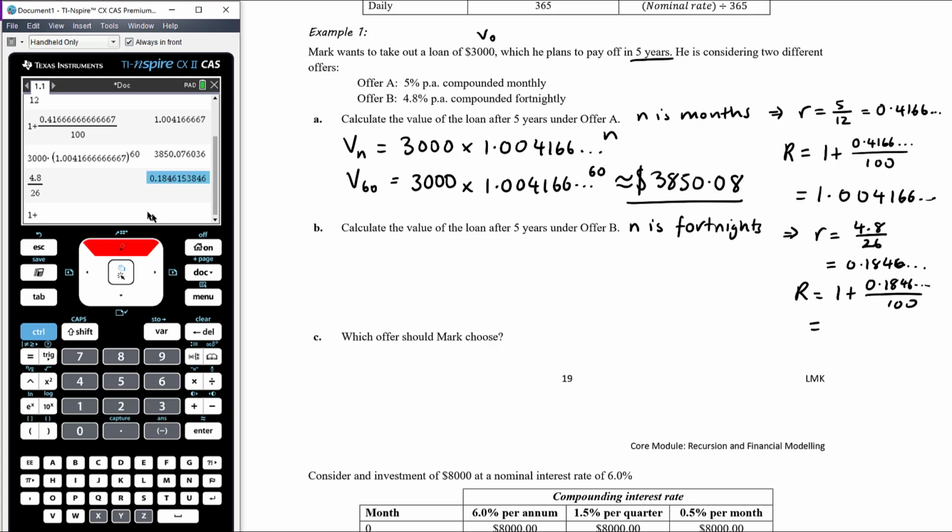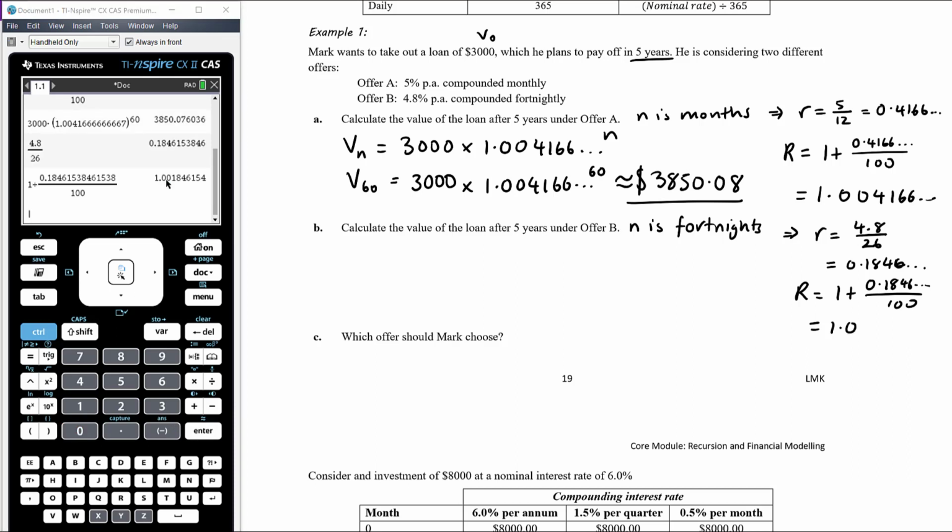1 plus, I'm going to take this number here, divide it by 100. Okay, so it's 1.001846, etc. Okay, again, we're going to work nice and precisely with that in the equation. So in this situation, our value after n fortnights is going to be $3,000 multiplied by our fortnightly multiplying factor, 1.00, sorry, just 2 zeros, 1846, etc. And it'll be that to the power of n.